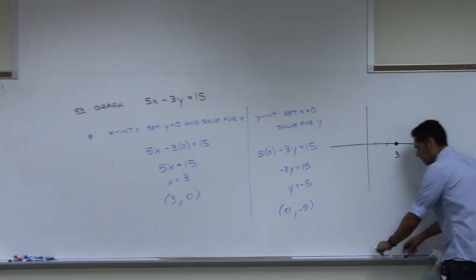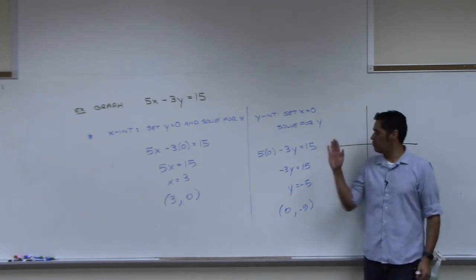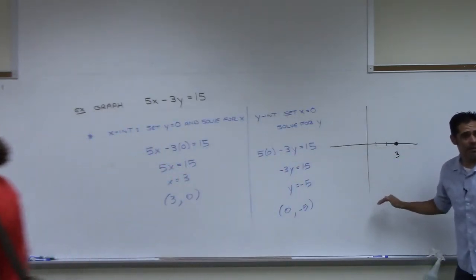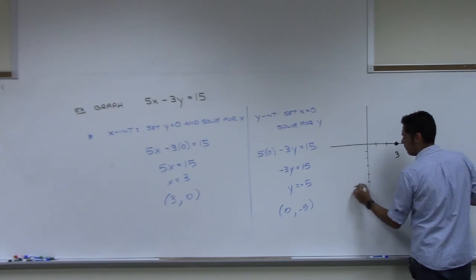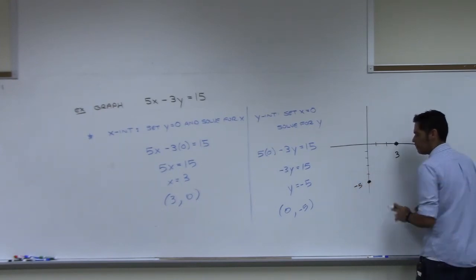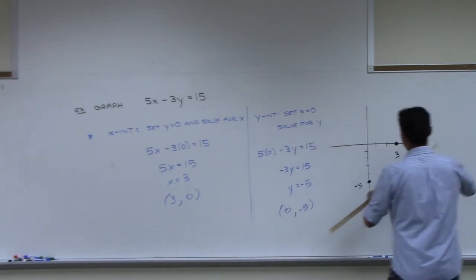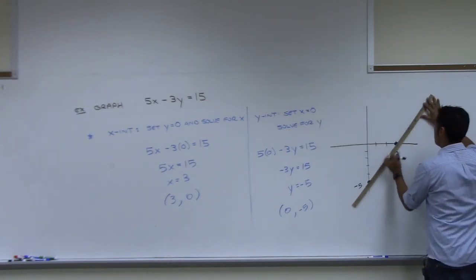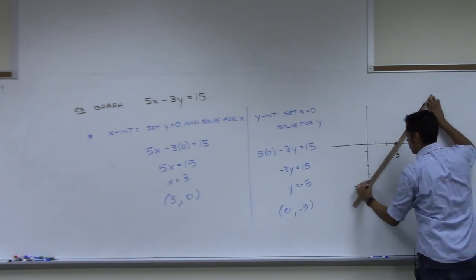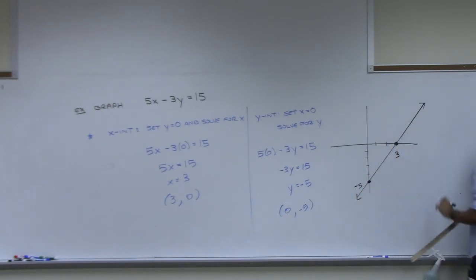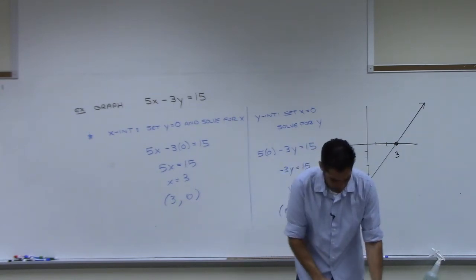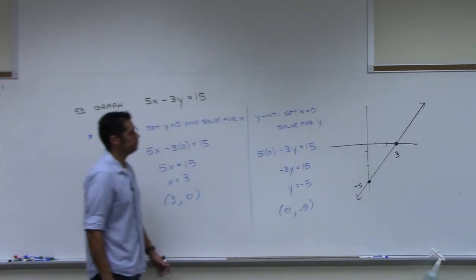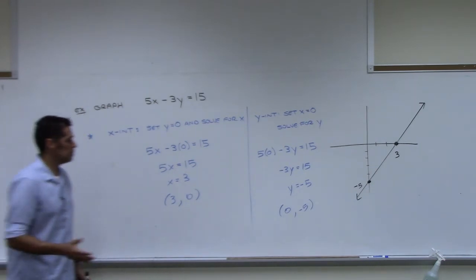So that means x is 0, I don't move left or right, and then I move down 5. 1, 2, 3, 4, 5. Once I have two points, I connect them with a straight line, and I'm done. Pretty straightforward? Any questions? Okay.